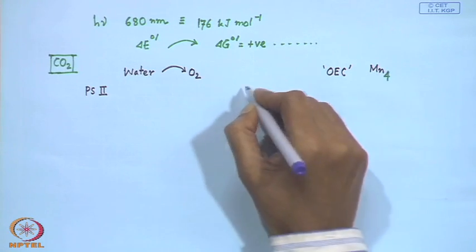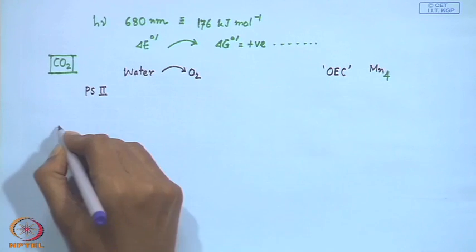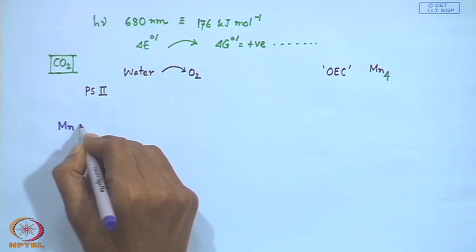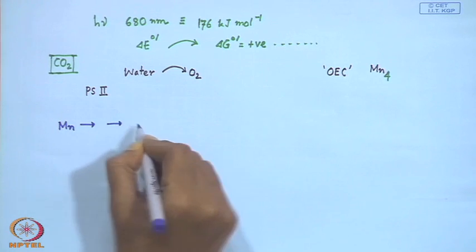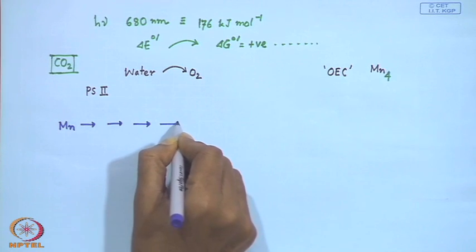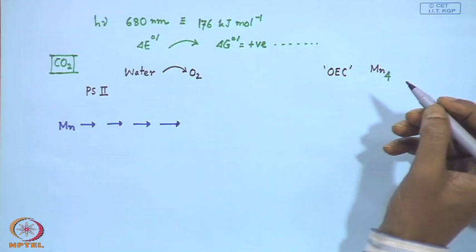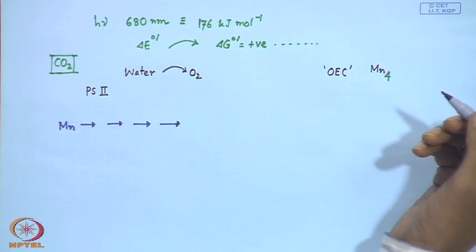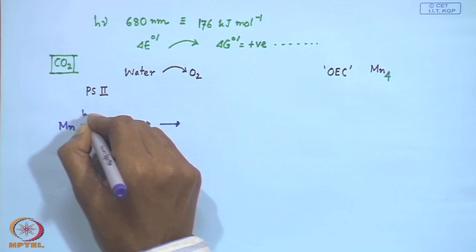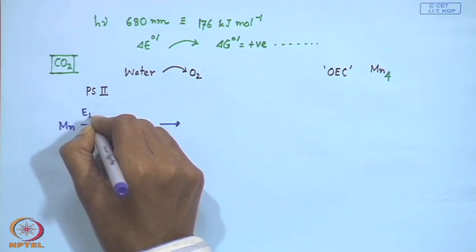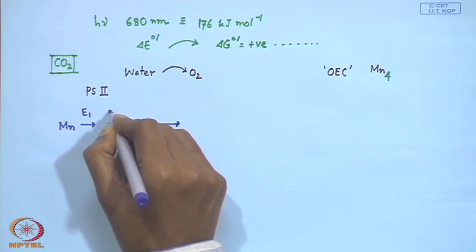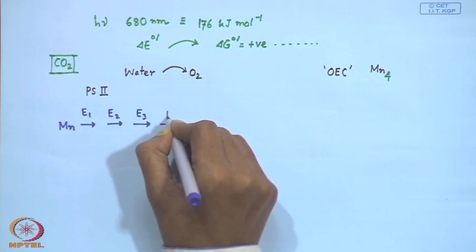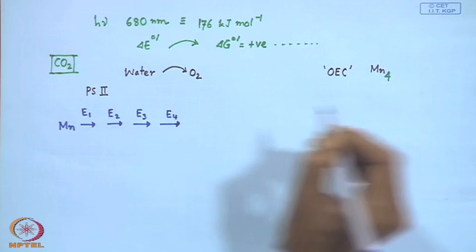But in all these cases, if you have a mononuclear manganese center, and if we take out one after another electron to go for a change in oxidation state from +2 to say +6 or +3 to +7, you will encounter different E0 values, E1, E2, E3 and E4.